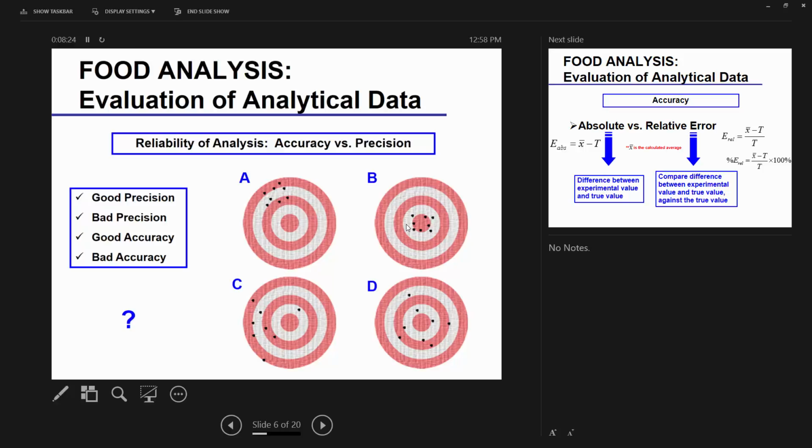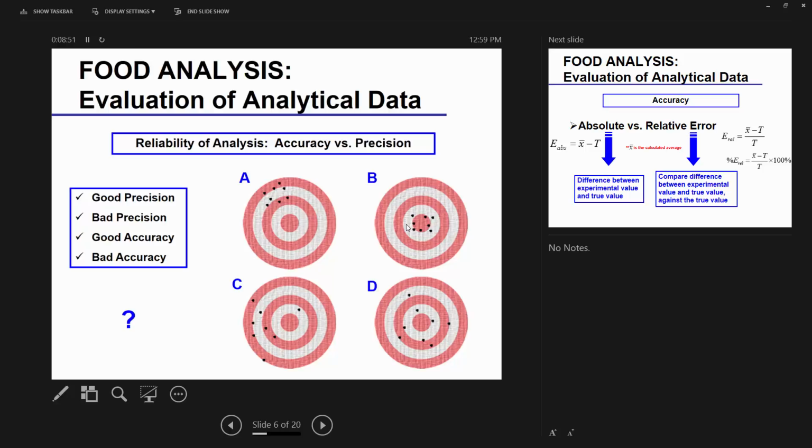Look at all these 4 different options and tell me, A is which one of these? Amanda? Good precision, bad accuracy. The first one is good precision, bad accuracy. Somebody else? Ben, you had another?